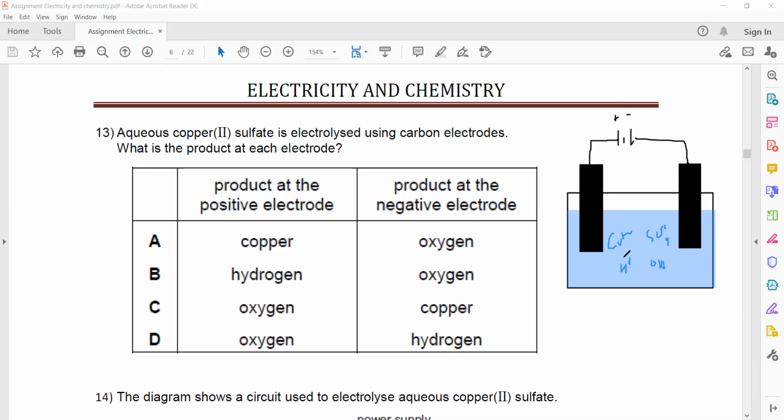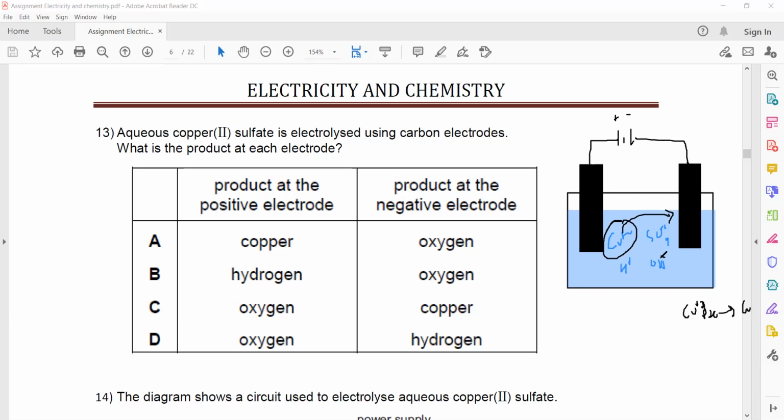In this case, for positive ions, the less reactive will move. You're electrolyzing using carbon. So copper ions are less reactive, so they're attracted towards the cathode. As copper ions are attracted towards the cathode, Cu²⁺ will change into copper atoms. And what will happen at the anode?